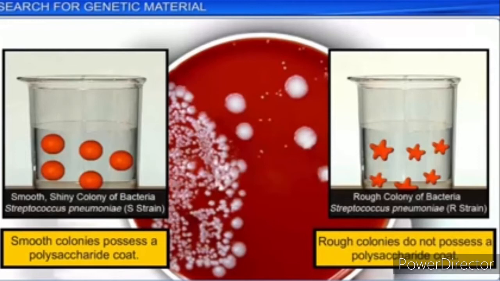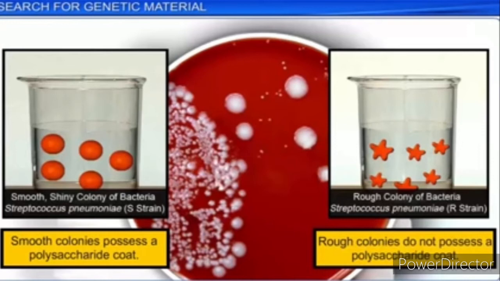R bacteria do not contain the polysaccharide coat, so they are non-capsulated and non-virulent. Capsulated means the cell wall of the bacteria has a coat, and virulent means they are pathogenic, disease causing bacteria. S bacteria cause the diseases, R bacteria do not cause the diseases.